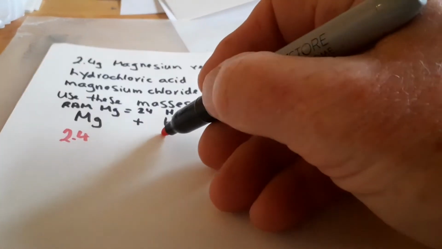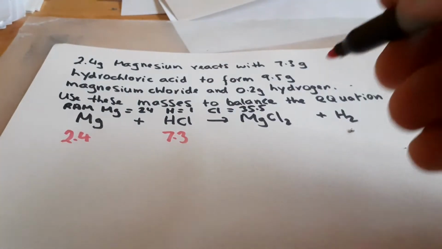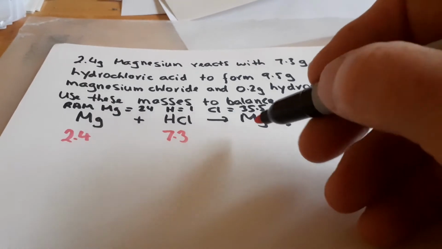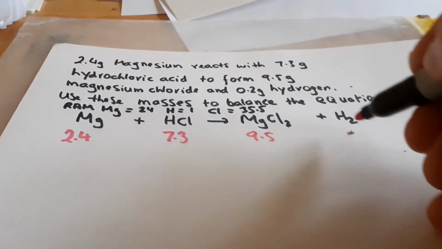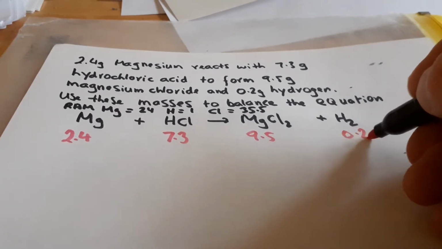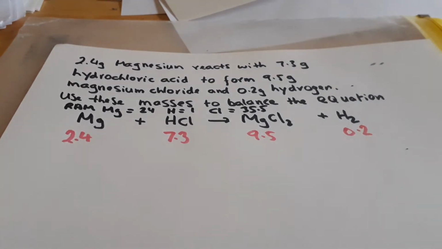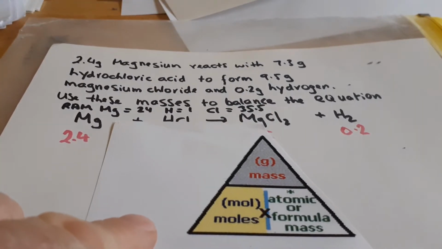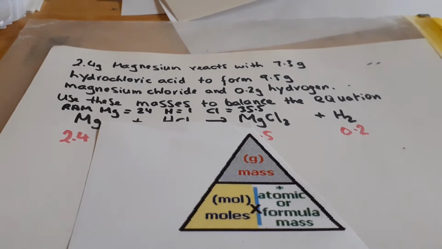So magnesium is 2.4 grams. Hydrochloric acid is 7.3 grams. Magnesium chloride is 9.5 grams. And hydrogen is 0.2. Now, to get the moles of each one, very simple. We use the old triangle again.